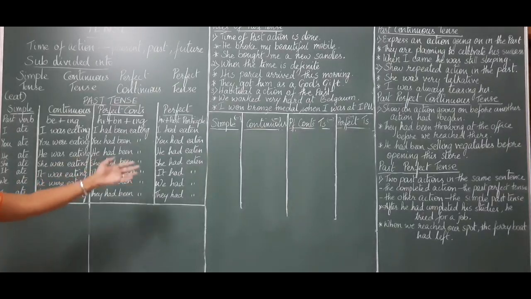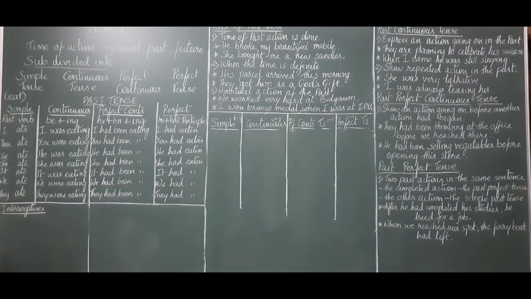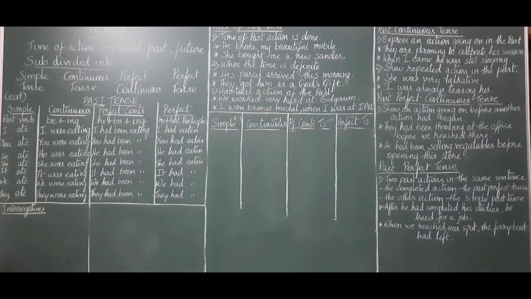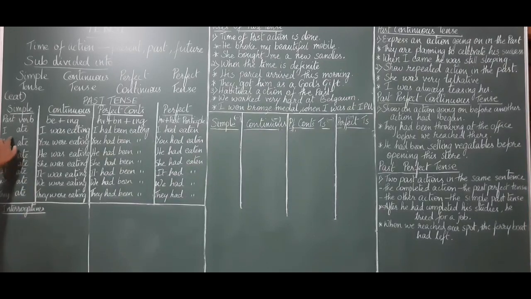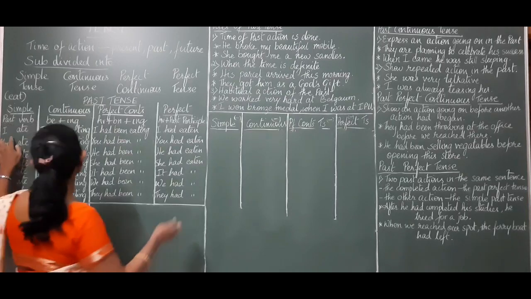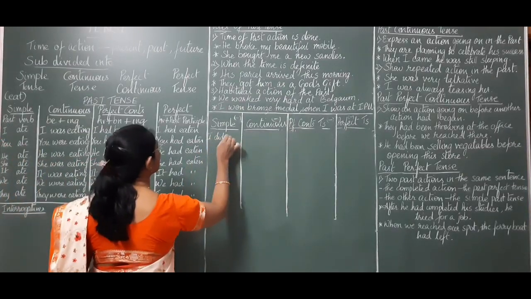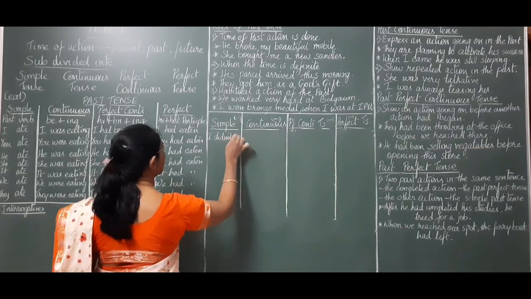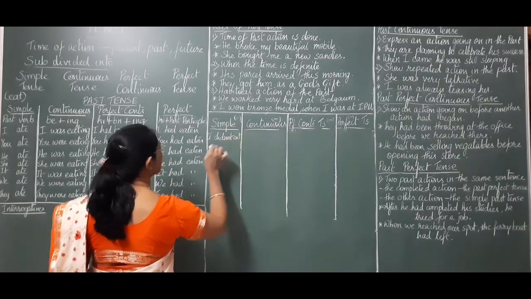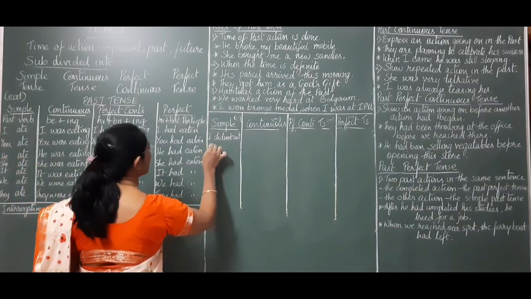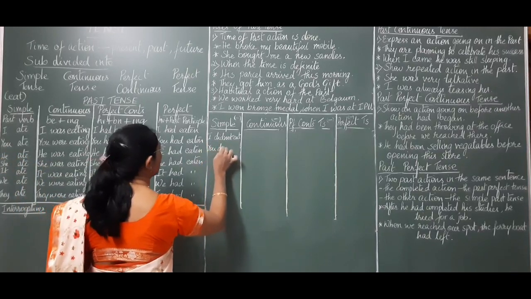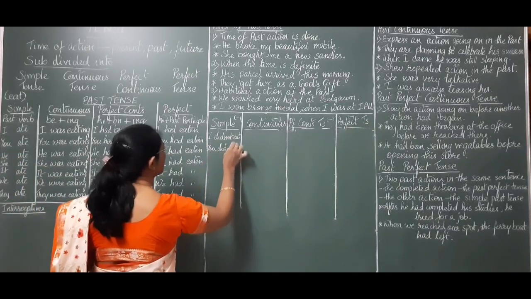Now we shall see the past tense with its subtenses and their negative forms. Simple past into negative. I did not eat. You did not eat.